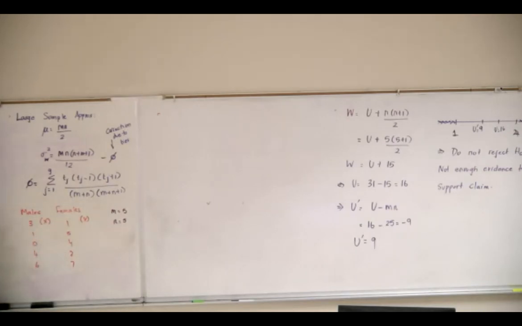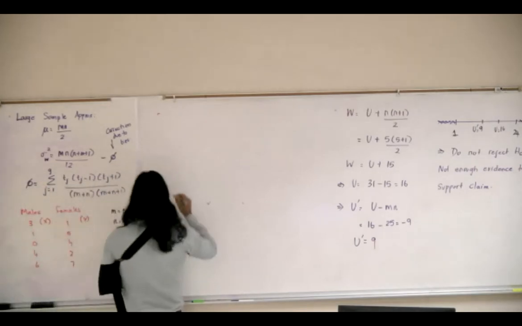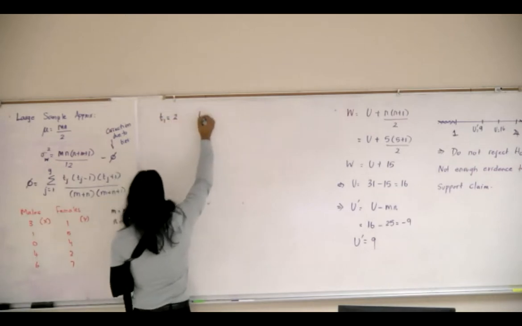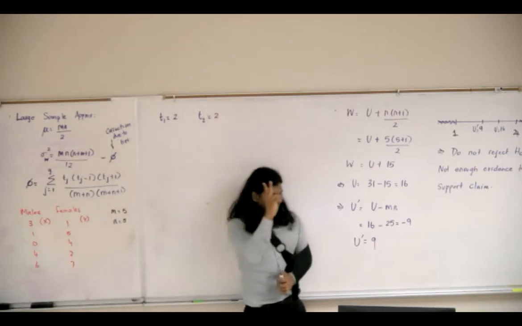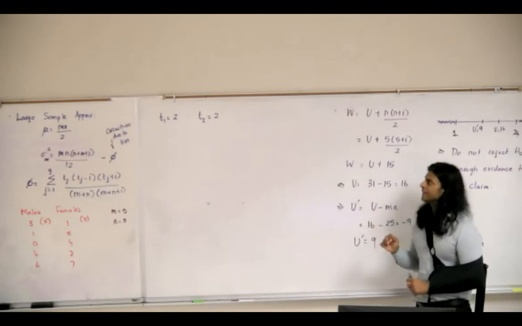We looked at the number of groups that were tied, the number of observations within each tied group. So here, how many ties do we have? We have 2 tied groups. So T1 is 2, T2 is 2. Within each group, we have 2 observations.